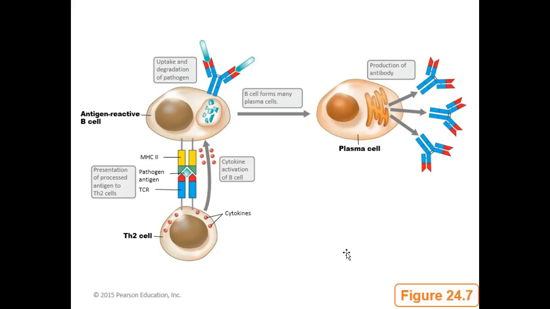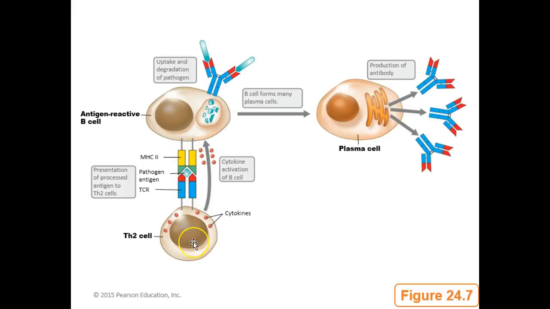Now, in the lymph node or spleen or secondary lymph tissue, the only cell that can recognize foreign material presented in class 2 MHC on a B cell is this subtype of helper T cell called a type 2 helper T cell. Type 2 helper T cells are hanging out in these nodes, constantly bumping into these cells. And when they bump into something and they stick, it's called recognition. If it sticks, it means that the T cell receptor also recognizes this piece of antigen or protein that's been presented by the B cell.